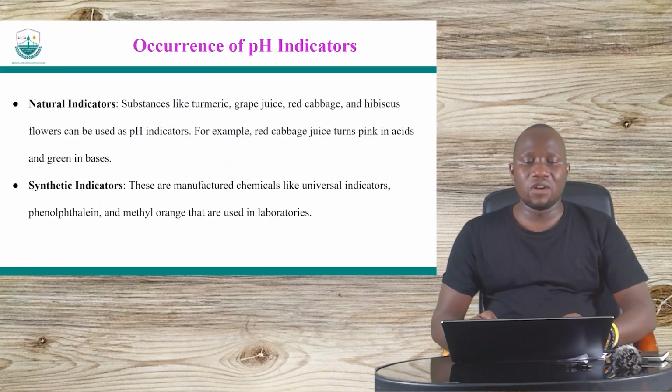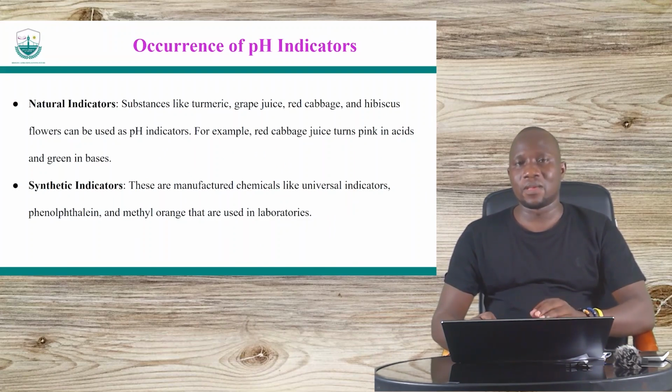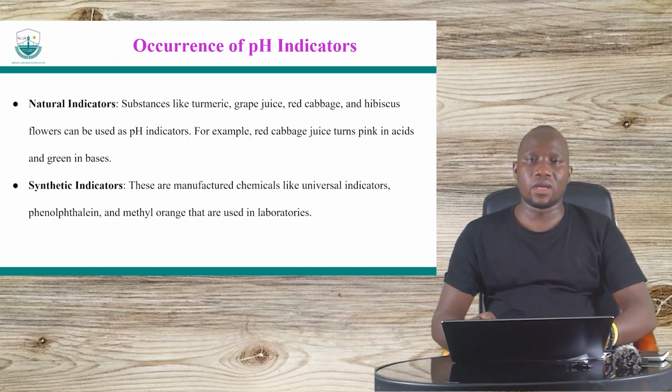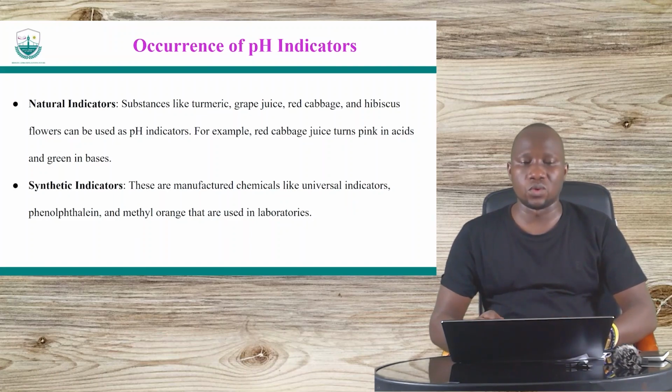We have what you call pH indicators. We hinted earlier on the fact that these can change their color depending on the pH of the solution. We have those that are naturally occurring indicators, and those that we manufacture for different purposes, basically to test the pH of solutions.